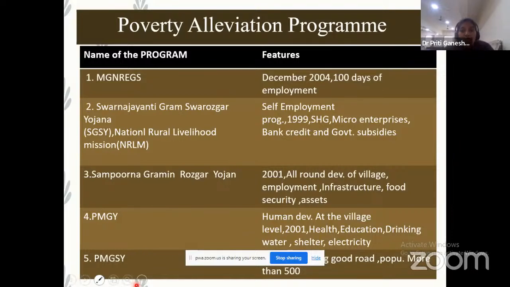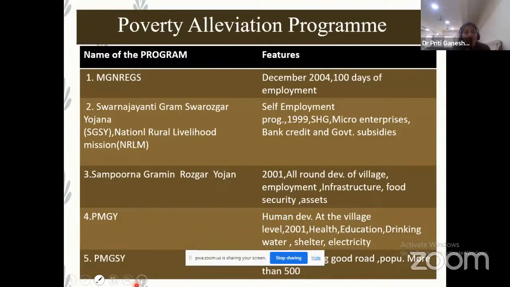Poverty alleviation program. Once you read this program, some programs from it you will find repeatedly: the government measures to remove unemployment, the government measures to remove the inequality of India. See, poverty, income inequality and unemployment, in all three of these you can put these programs here and there in a twisted way.